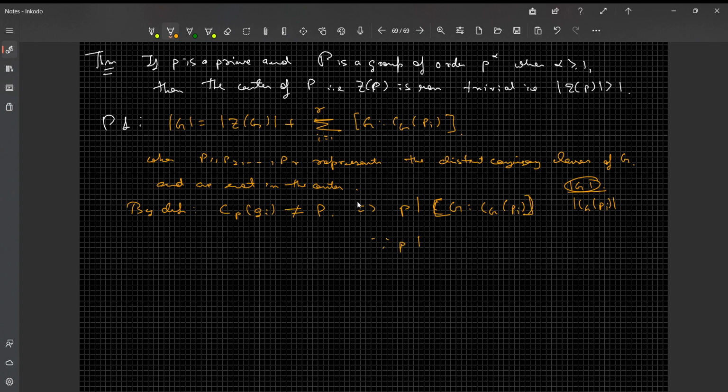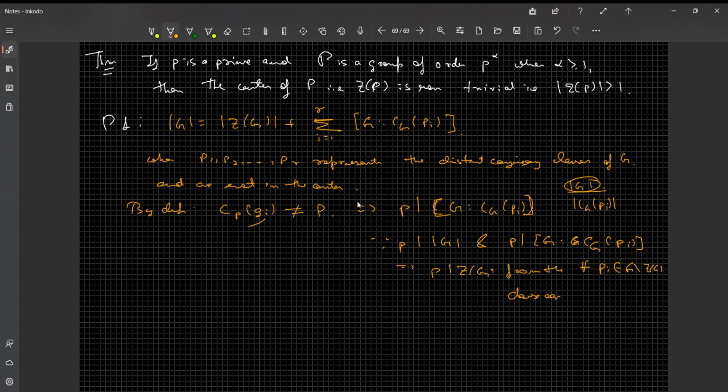Now, since p divides the order of G as well, what does this imply? Since the centralizer is a subgroup of P, its order must divide a prime power. So p must divide the index as well. Since p divides the order of G and p divides the index of the centralizer for all p_i in G outside the center, that implies p must divide the order of the center as well from the class equation.